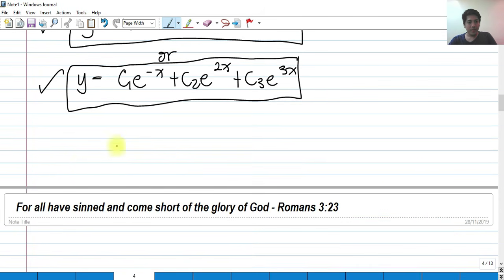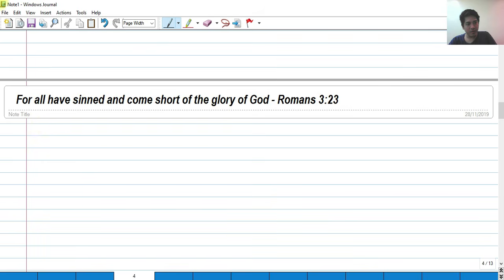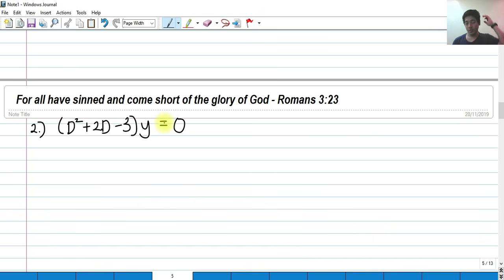For a second example, we have already this differential equation written in differential operator form, d squared plus 2d minus 3 multiplied by y is equal to 0. So there's no problem with this since this is already written in differential operator form.